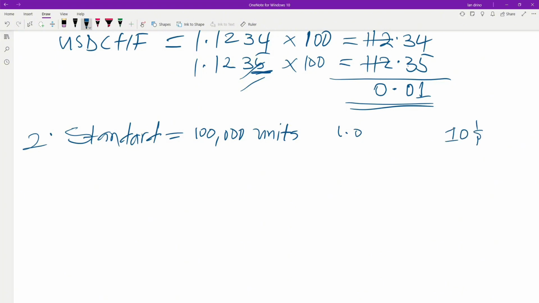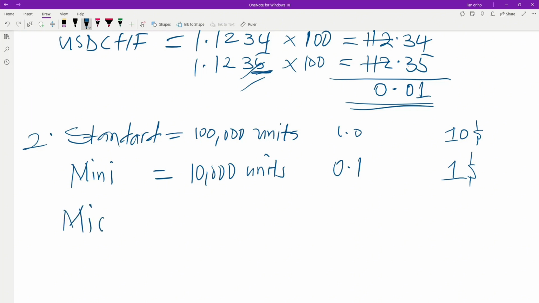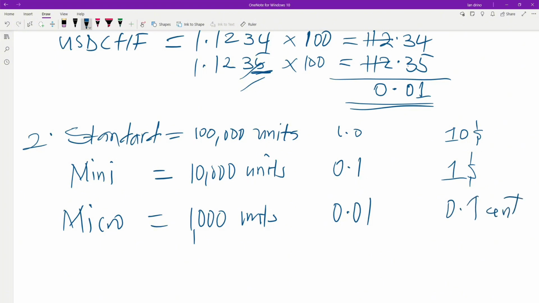For the second one, which is the mini account, it is always equivalent to 10,000 units of base currency, and the trading volume is always 0.1, okay, and the value per pip, which you have already calculated over there, is always $1. For the micro account, it is always equivalent to 1,000 units of base currency, and you are controlling a volume of 0.01, and the value per pip is always 1 cent. You have calculated all of this over here.